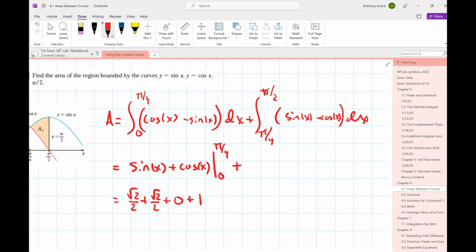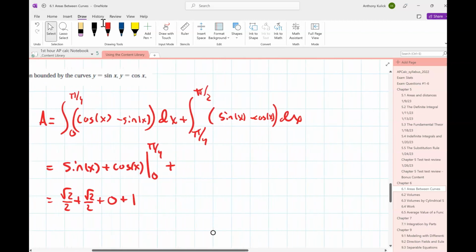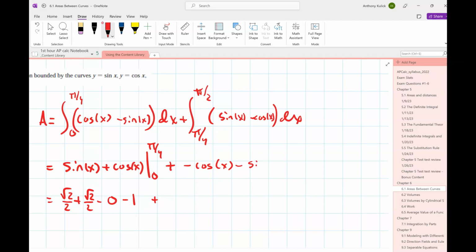Okay. All right. And then let's go ahead and do the antiderivatives for the other one. So the antiderivative for sine is negative cosine. Excellent. Oh, I guess those should be minuses there, right? Okay. Negative cosine. And then the antiderivative for negative cosine is negative sine.